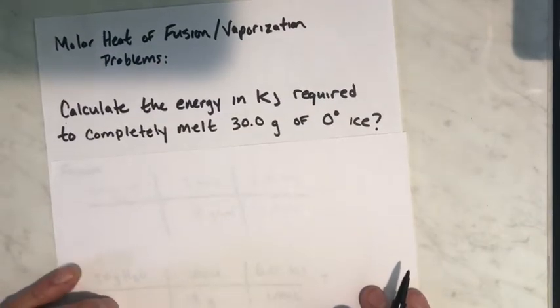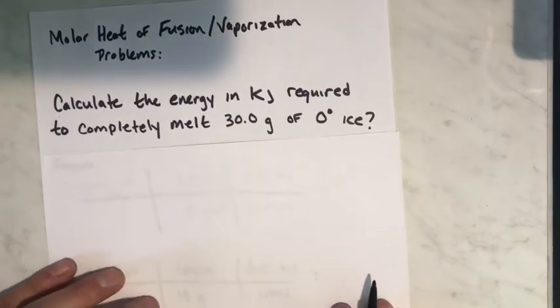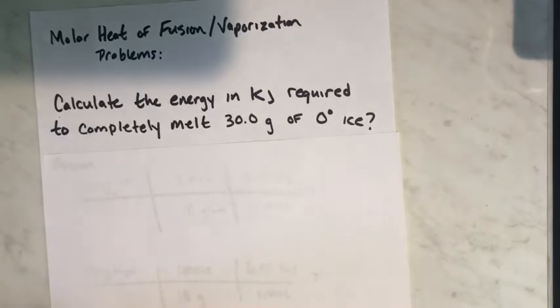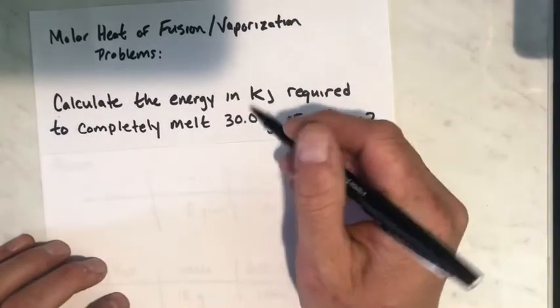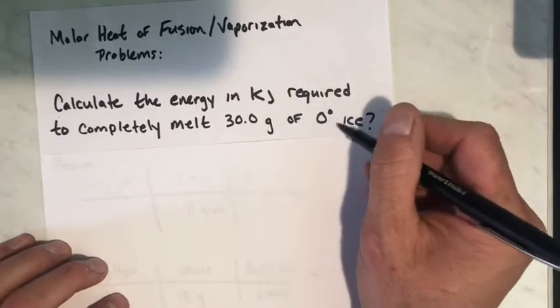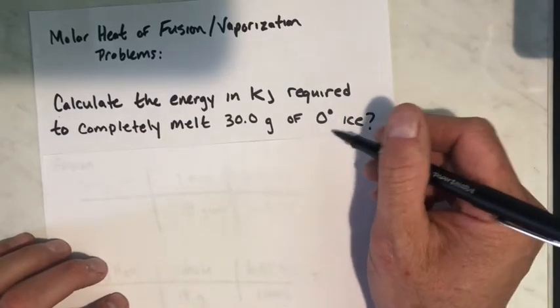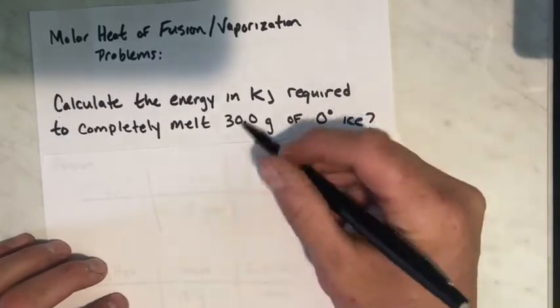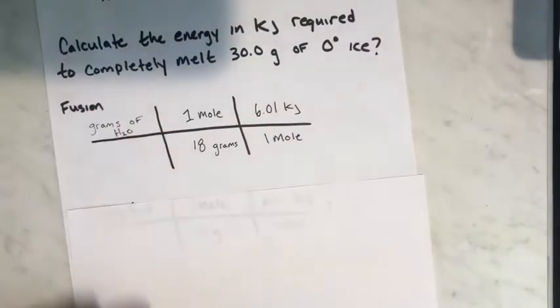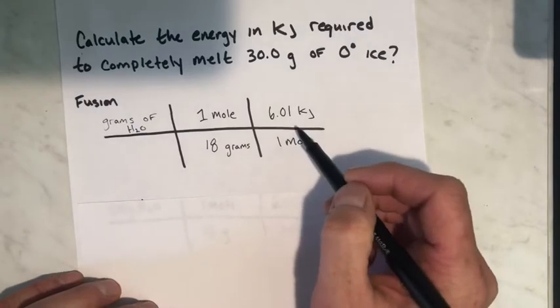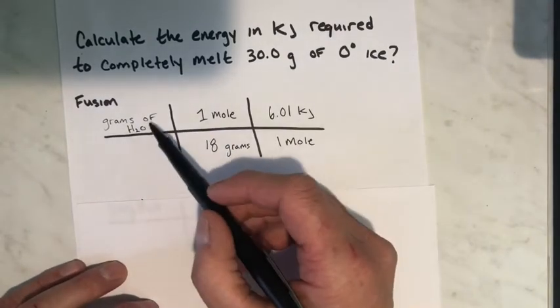Calculate the energy in kilojoules required to completely melt 30 grams of 0-degree ice. Okay, so 30 grams of 0-degree ice. That means that it's right at its freezing and melting point. So how much energy do we have to put in? And here's the schematic that you use. It's just a little 3-part dimensional analysis graph here.